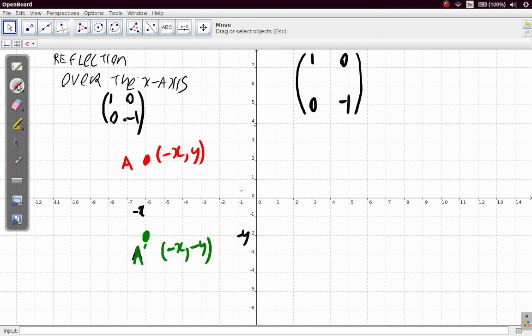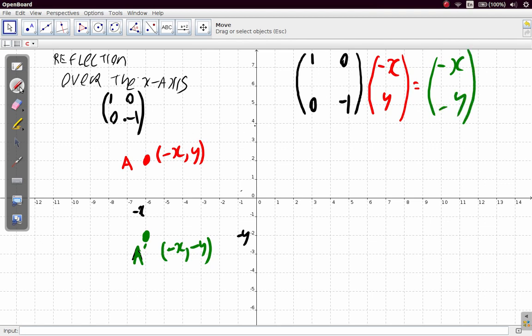Now the coordinates of A are negative x, positive y, as you can see here. When we multiply by the transformation matrix, it becomes negative x, negative y.